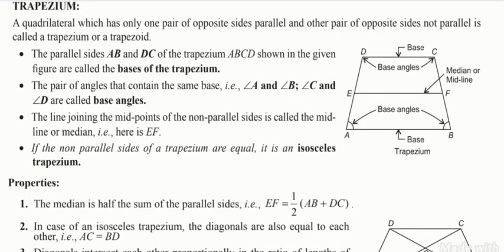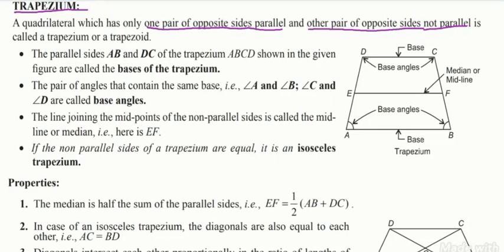The next type of quadrilateral is trapezium. So what is trapezium? A quadrilateral which has only one pair of opposite sides parallel and the other pair of opposite sides not parallel. So here 4 sides we have. In these, one pair of opposite sides are parallel, the other are not parallel.